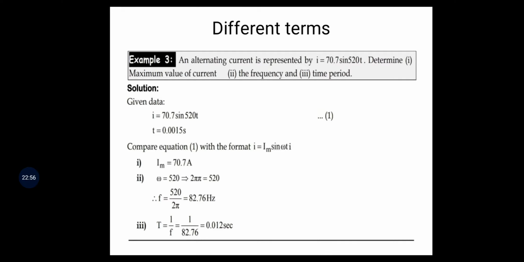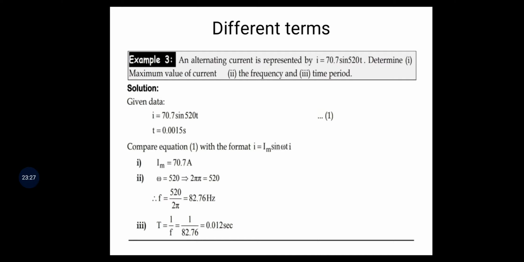Then compare with the equation i equal to Im sin omega t. Here Im equal to 70.7 amperes. This is the maximum value of the current.